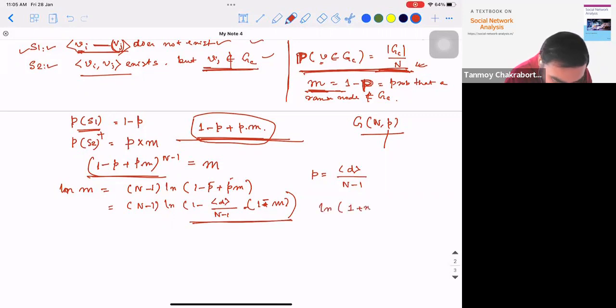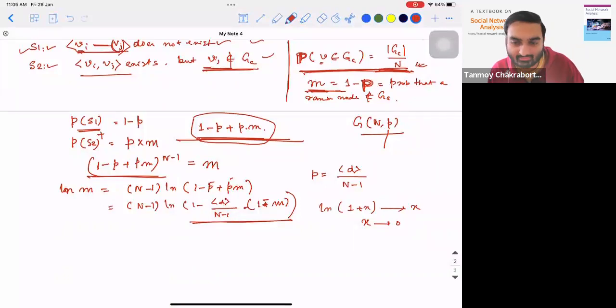So this is the same as log of 1 plus x. Now when x tends to 0, we know that log of 1 plus x tends to x. If you unfold the log series, you will see this.